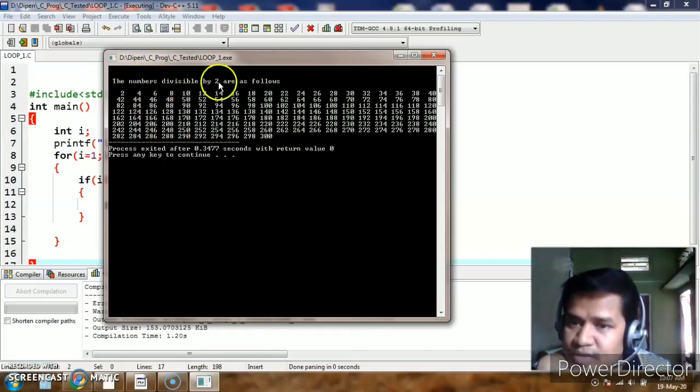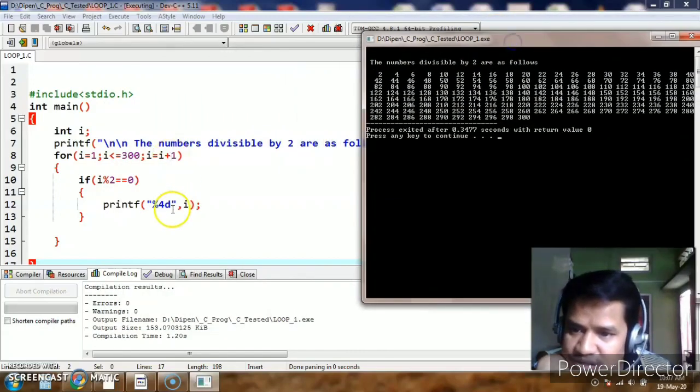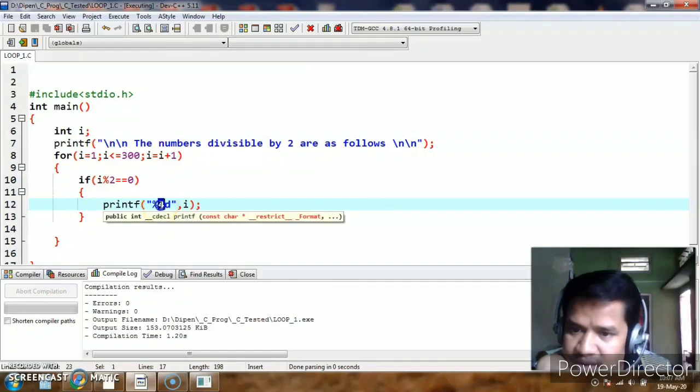The numbers divisible by 2 are as follows. Are you looking at one thing, that after 2 there is a space, then 4, again a space, 6, again a space, 8. The reason for this space is this: I write %4d.